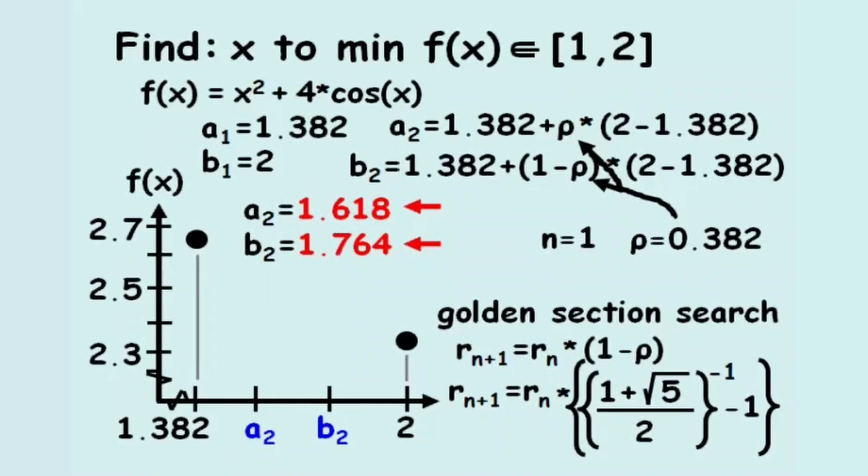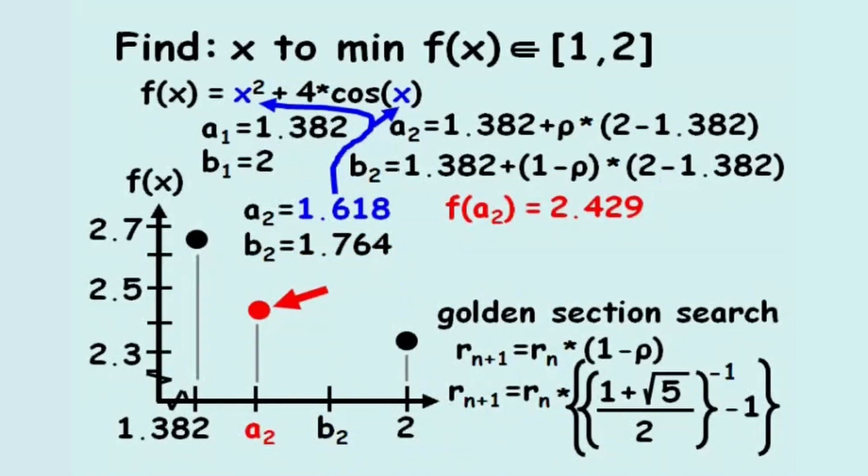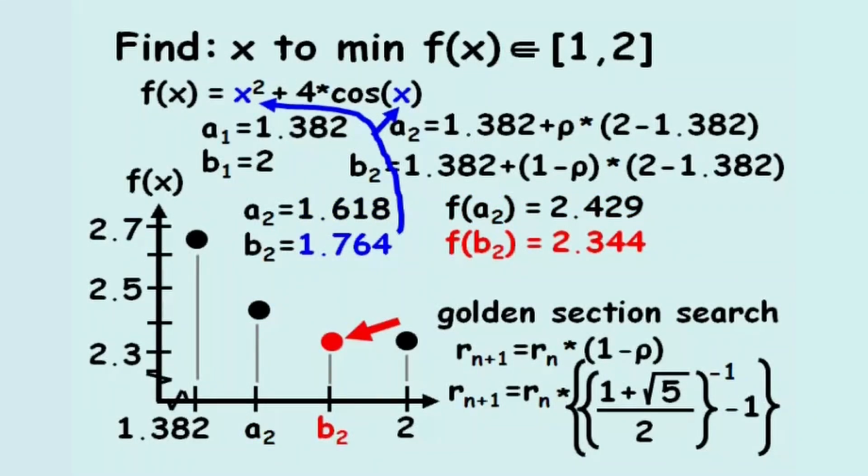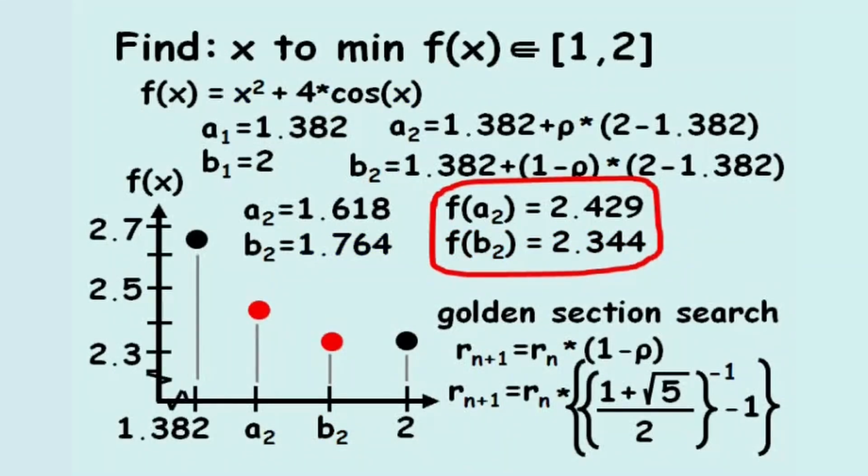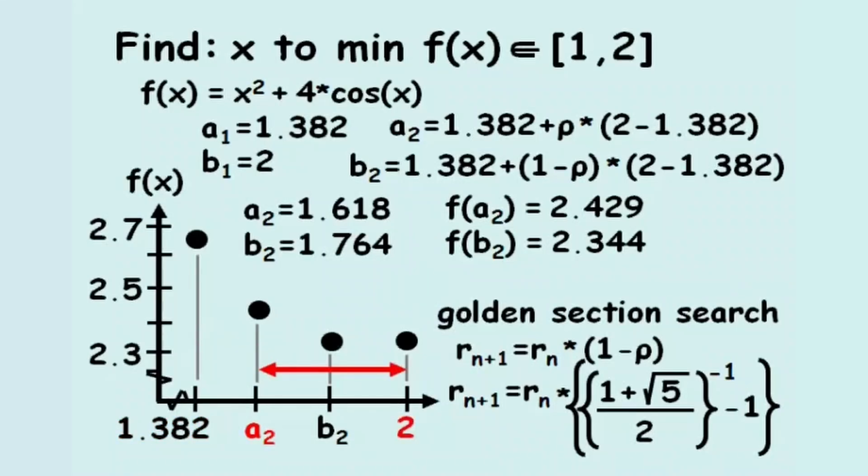If we plug these values into our equation f of x, we compute f of a2 equals 2.429, and f of b2 equals 2.344. Since f of b2 is smaller than f of a2, we know the value of x which minimizes f of x does not fall within the range from 1.382 to 1.618, but rather between 1.618 and 2. So we'll continue with a third iteration.